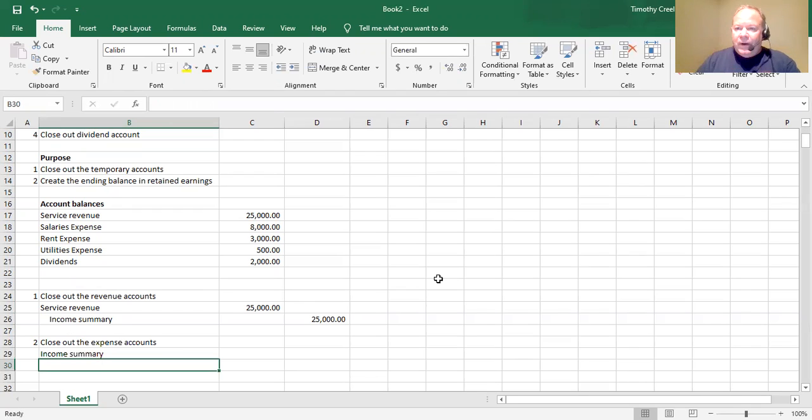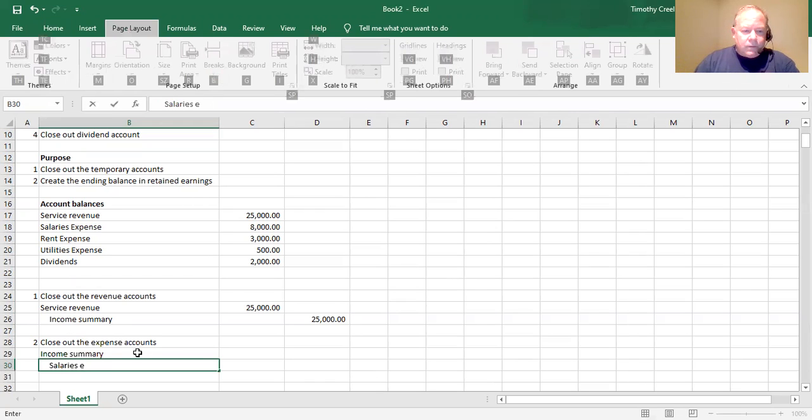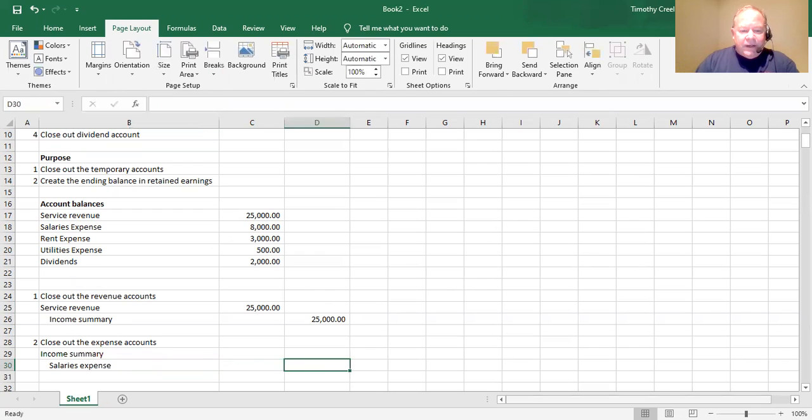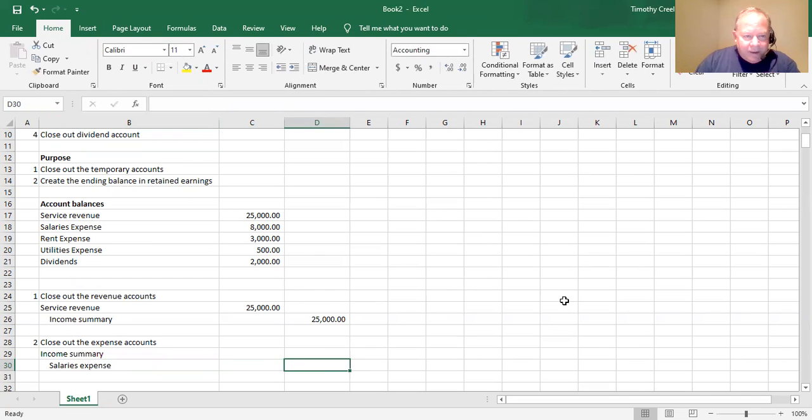And we'll come back and add the total once we've credited all the expense accounts. So we have salaries expense, and that would basically be a credit of $8,000.